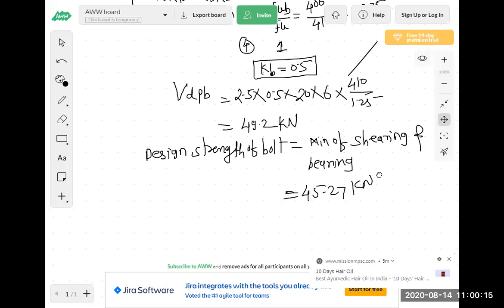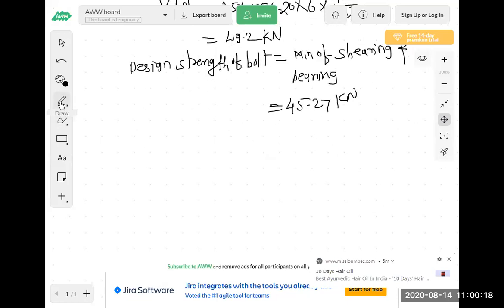Now use the formula for number of bolts. Number of bolts is equal to factored load, 180, divided by the design strength of the bolt, 45.27.